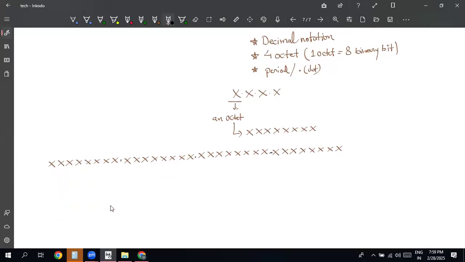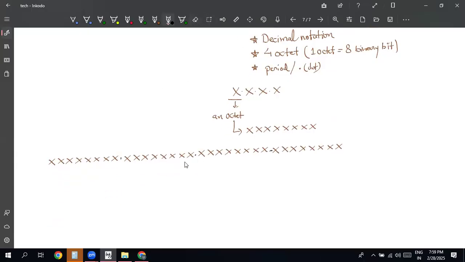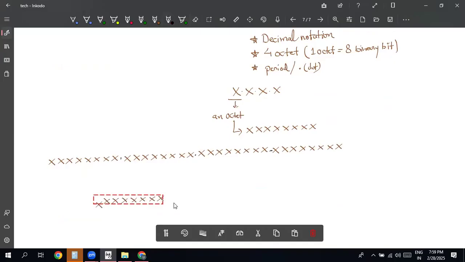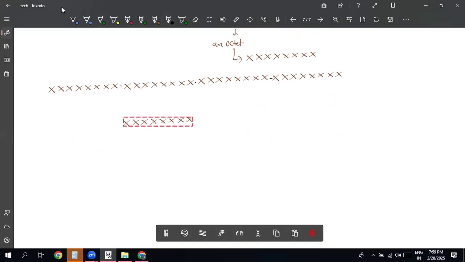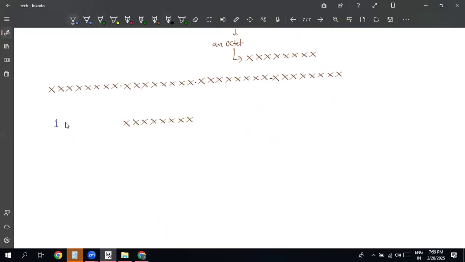Now, let's only focus on a single octet, combining 8 binary bits.